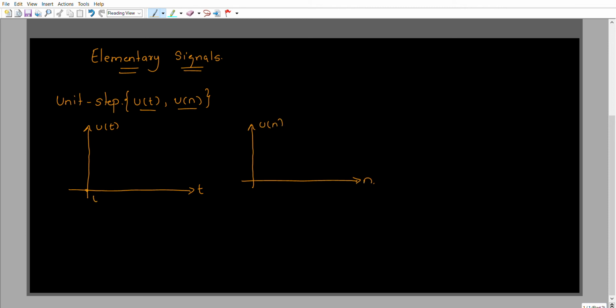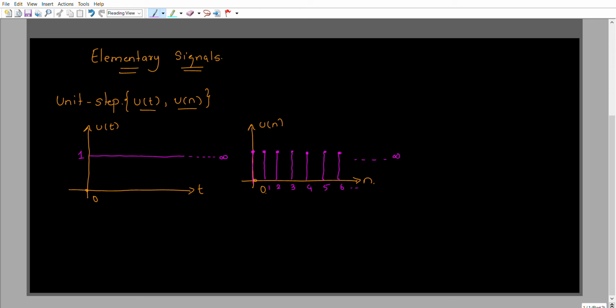I'm taking the origin O here. Now the unit step looks like this. It starts at 0, the amplitude is 1, as the standard definition says, it's unit. The amplitude is 1 and it continues to go until infinity. Again in discrete, this is how the signal looks. It starts from 0 and continues up to plus infinity. Here I can take the time values as 0, 1, 2, 3, 4, 5, 6 and so on.